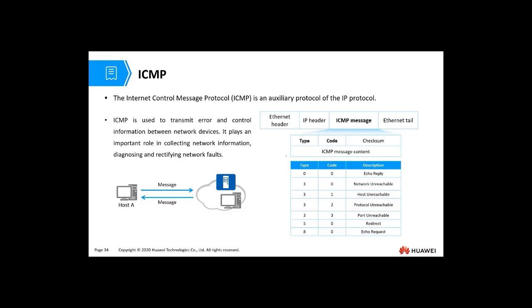And this is the message. ICMP has a few fields: the type, the code, the checksum, and the contents of the message. The type field indicates the message type, and the code field contains parameters that map to that particular message type.